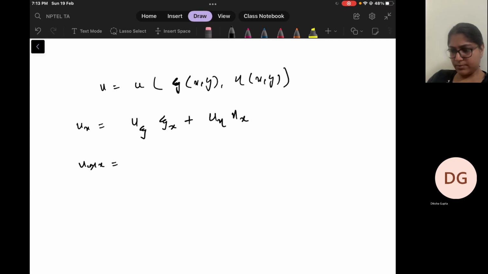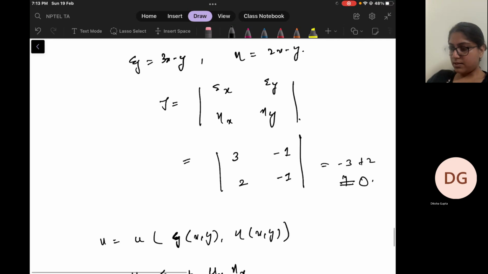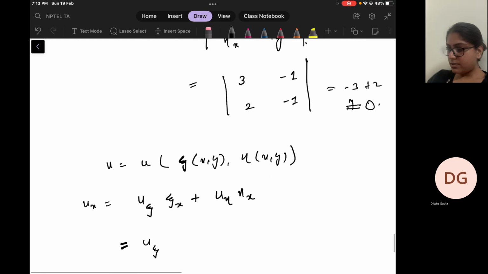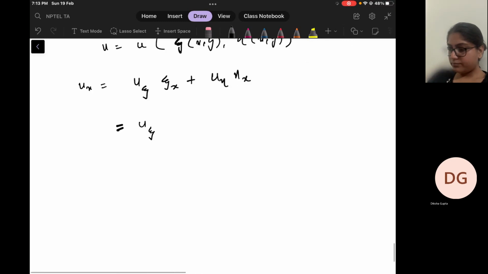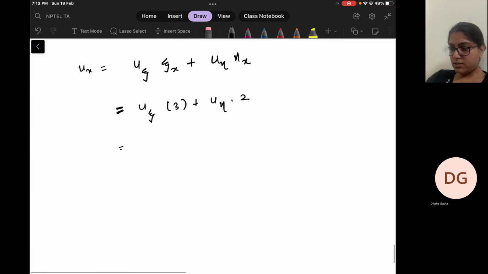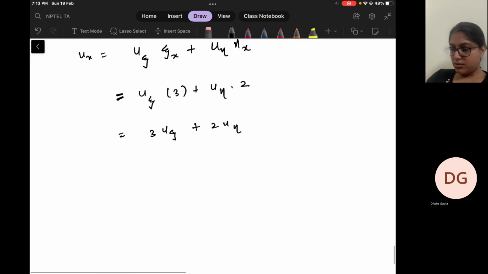So uxx will be, in fact, what we can do is put the values. We know what epsilon x is, 3, plus u eta into eta x, which is 2. So this is 3u epsilon plus 2u eta.